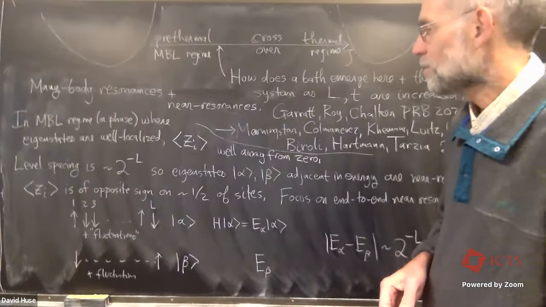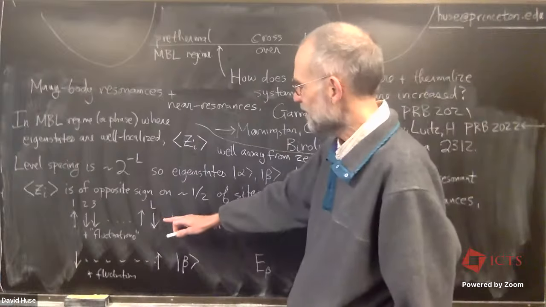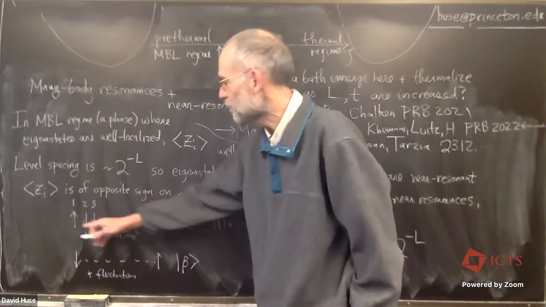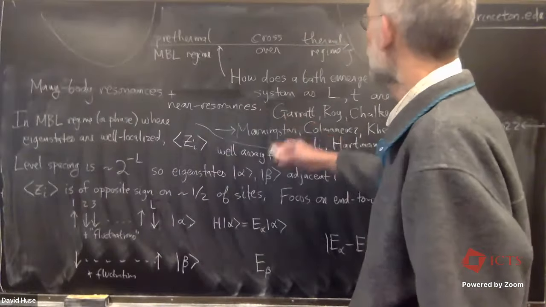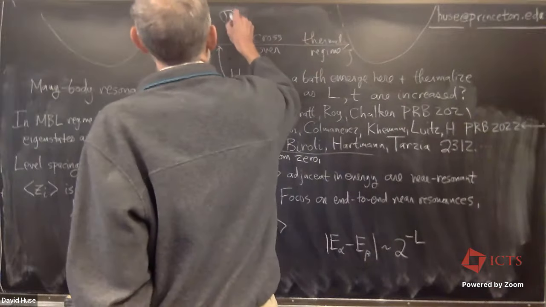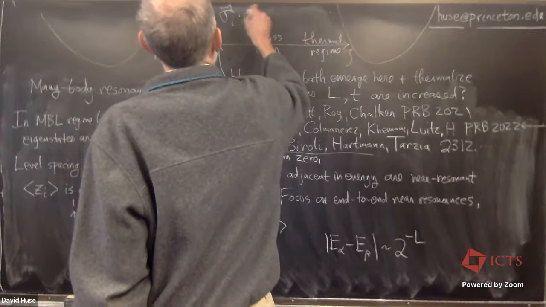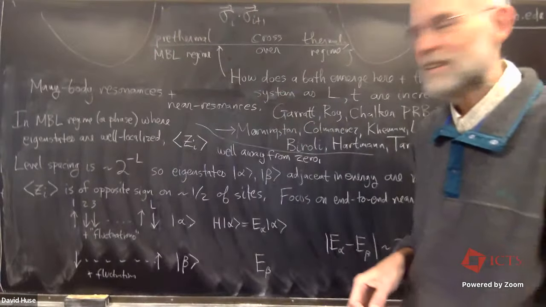Okay, and what's fluctuations? I didn't understand. What do you mean by fluctuation? Well, the eigenstate has a lot of weight on this configuration, but then it's got spin flips, right? Because we have a Hamiltonian. Remember the Hamiltonian has a spin flip term, sigma i dot sigma i plus 1, which is going to flip spins.